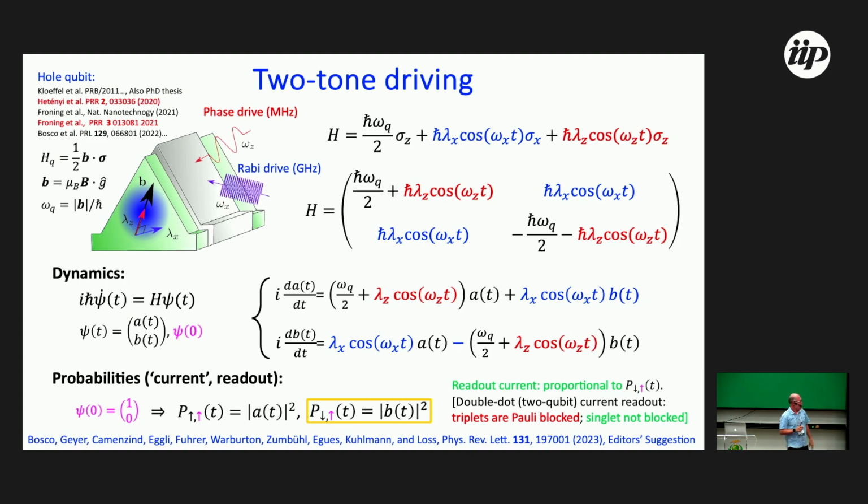And for that, you use Pauli blocking, because a singlet has a different symmetry than the triplets. I don't want to get too much into details of that, but this allows you to measure something by measuring the current. So in the simulation, what we basically have to calculate is this quantity here.